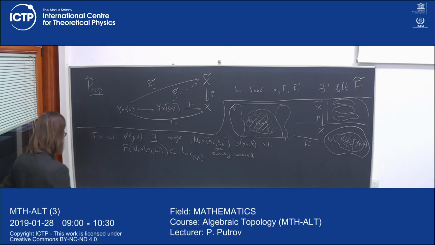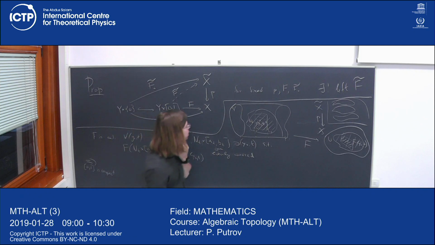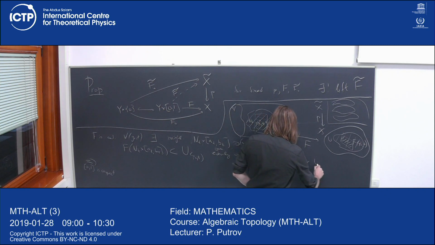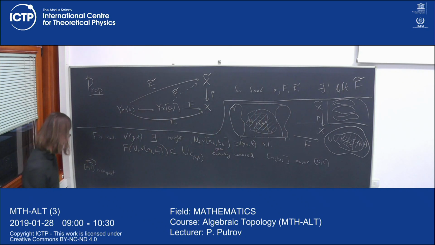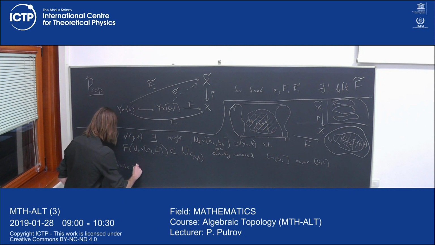Then, since the interval is compact, all these neighborhoods, these intervals [a_t, b_t], cover the interval [0, 1], and since it's a compact space, I can choose a finite subcover.